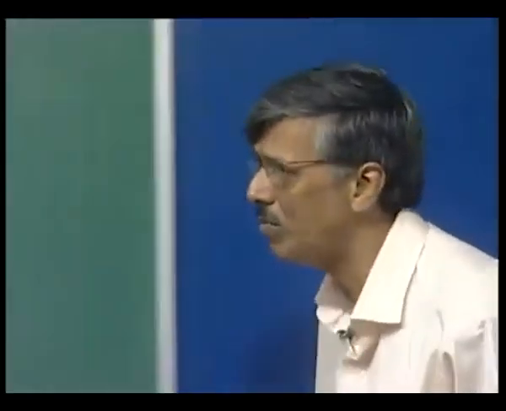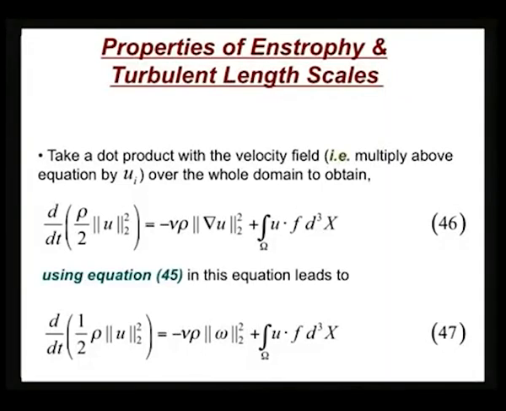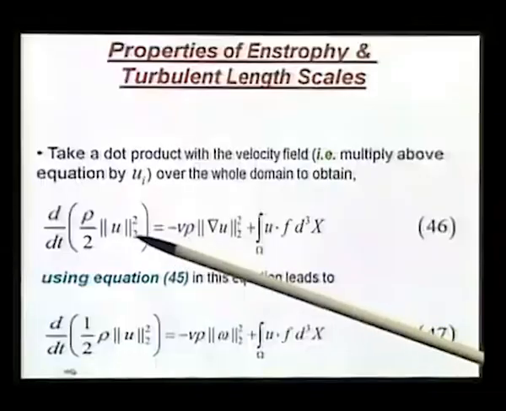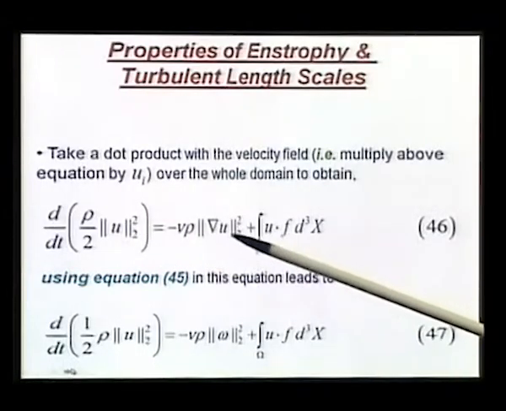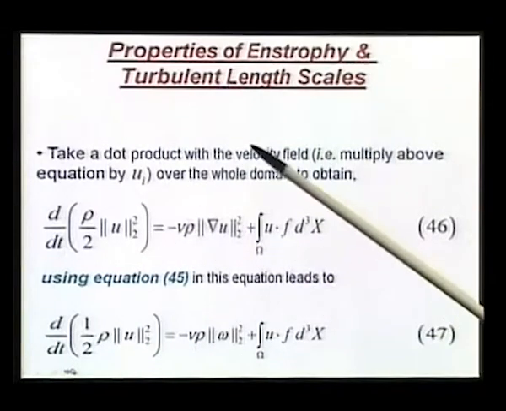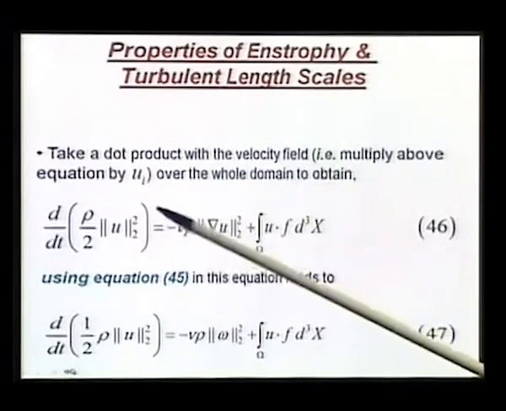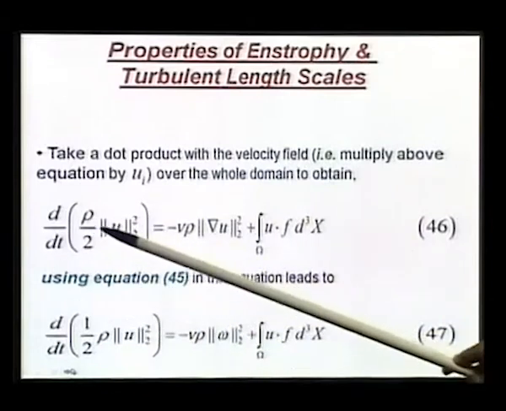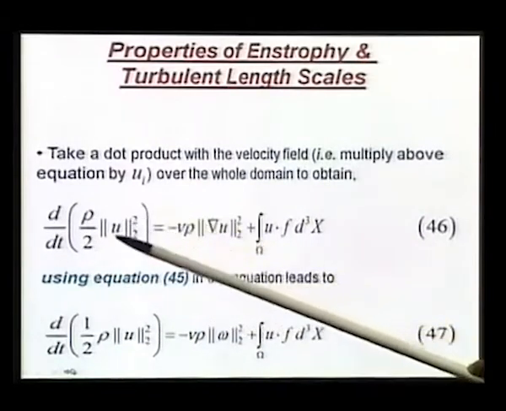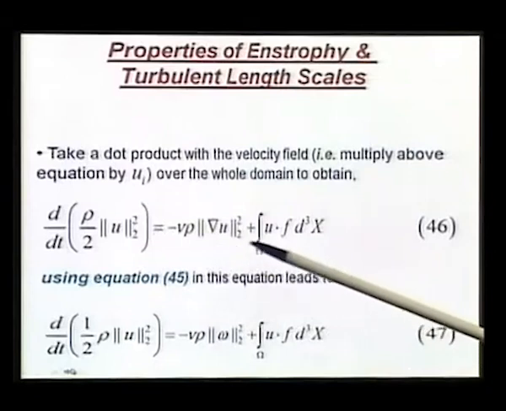If we start writing out again the energy equation for the velocity field as it is written there, this is what we get if I take the momentum equation and take a dot product with the velocity field. Then we get the time rate of change of kinetic energy, given in terms of this.